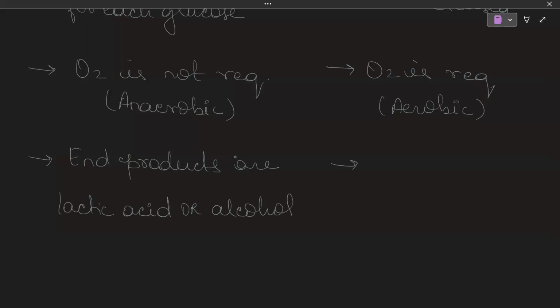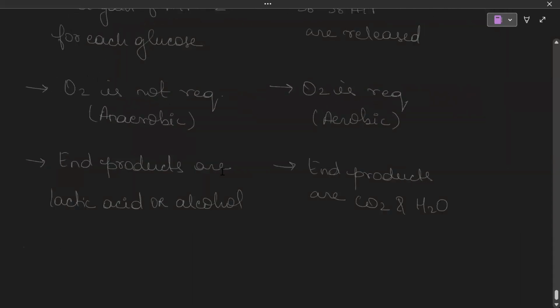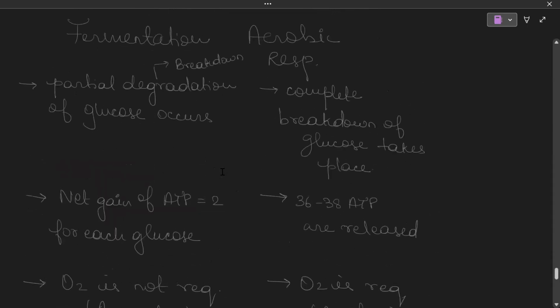Now, if we talk about aerobic respiration, here the end products are CO2 and H2O. These are the points you must remember about the difference between fermentation and aerobic respiration. Is it clear? Any doubts up till now?